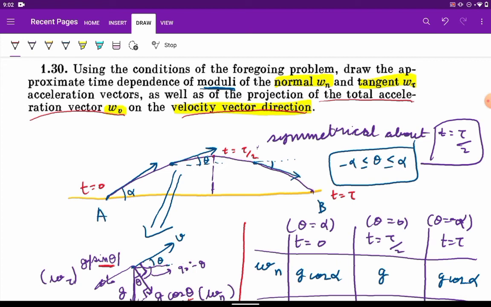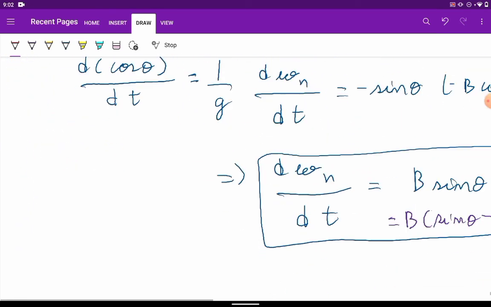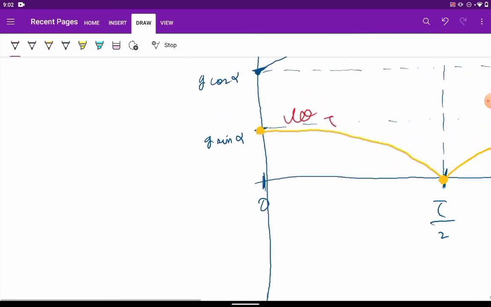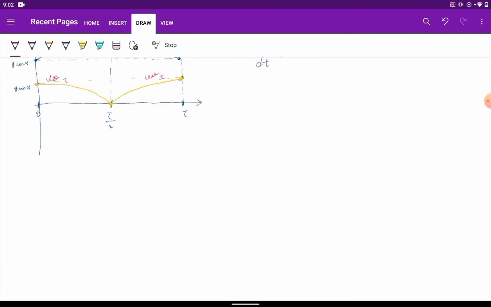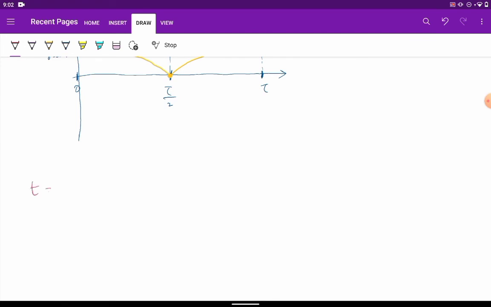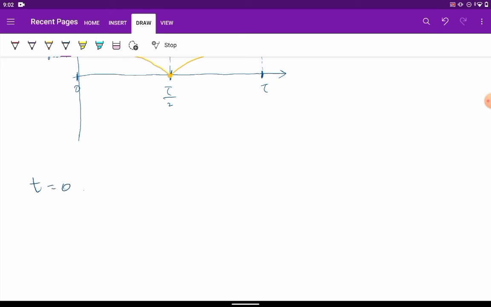Okay, so from t equal to 0 to t equal to tau by 2, for this what is happening is, it is at any time t it is making a positive angle with the horizontal from theta.